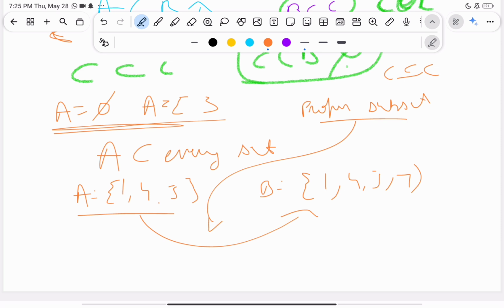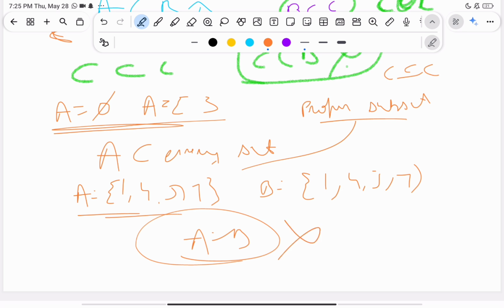But here if I am adding 7 to A, then A is equal to B, then A is not a proper subset of B. If A is a subset of B and A is equal to B, then it is called an improper subset.